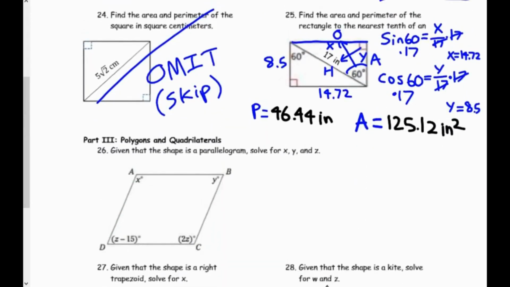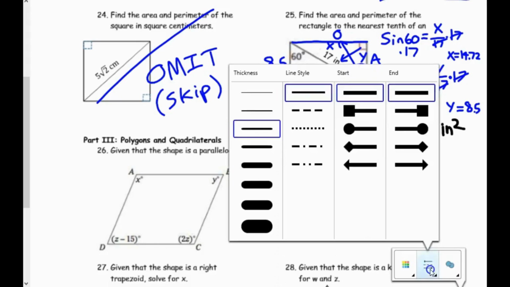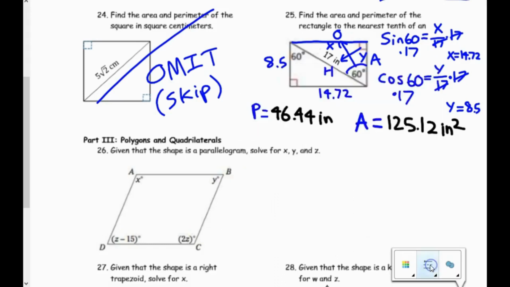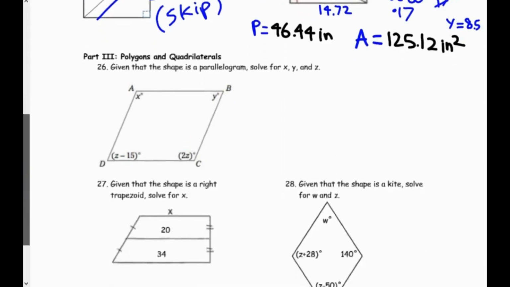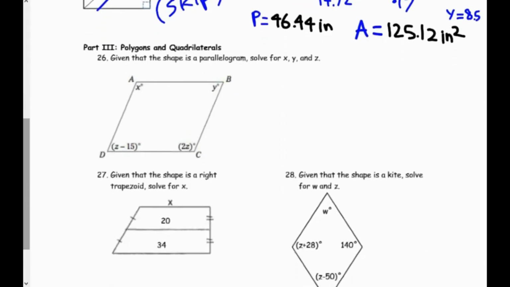All right, polygons and quadrilaterals. So this next one, we're remembering our four-sided figures and the polygons. Given that this is a parallelogram, what do we know about this? Let's start off with the z's, okay?